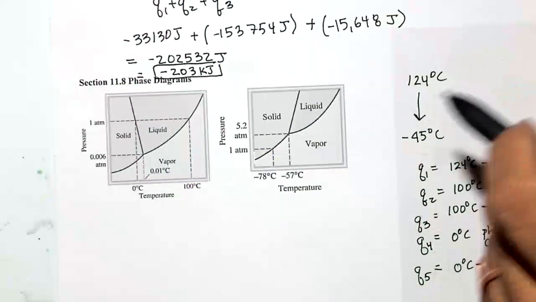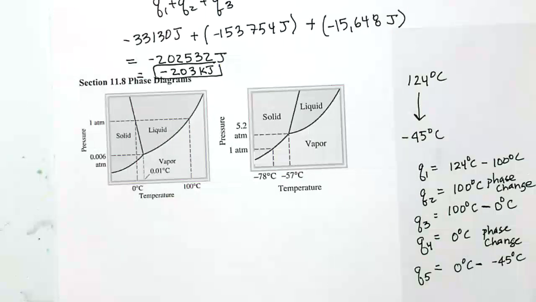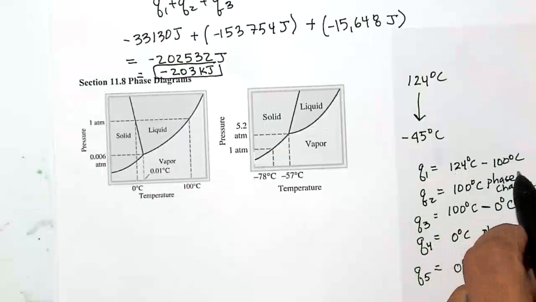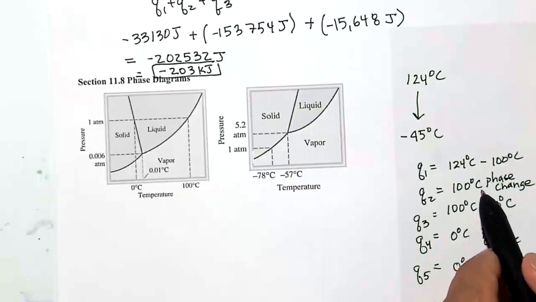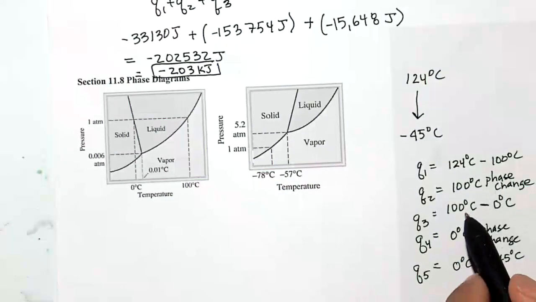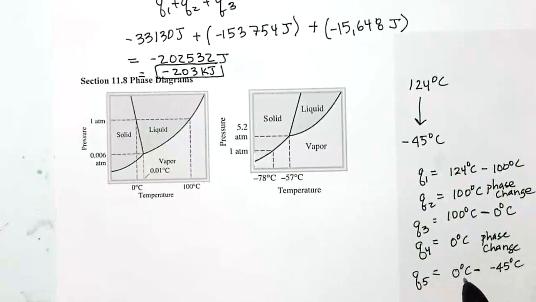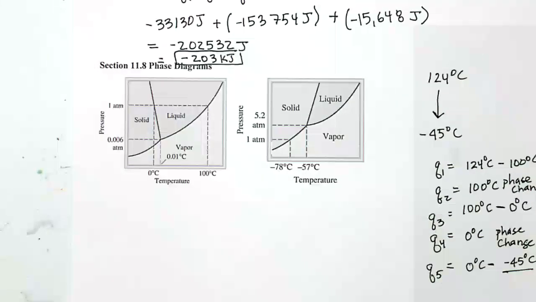So if you're going from 124 to minus 45, you have to add 5 heats: the heat going from 124 to 100, the phase change at 100, the heat going from 100 to 0, the phase change at 0, and finally the heat going from 0 to your final temperature at minus 45. You see that?